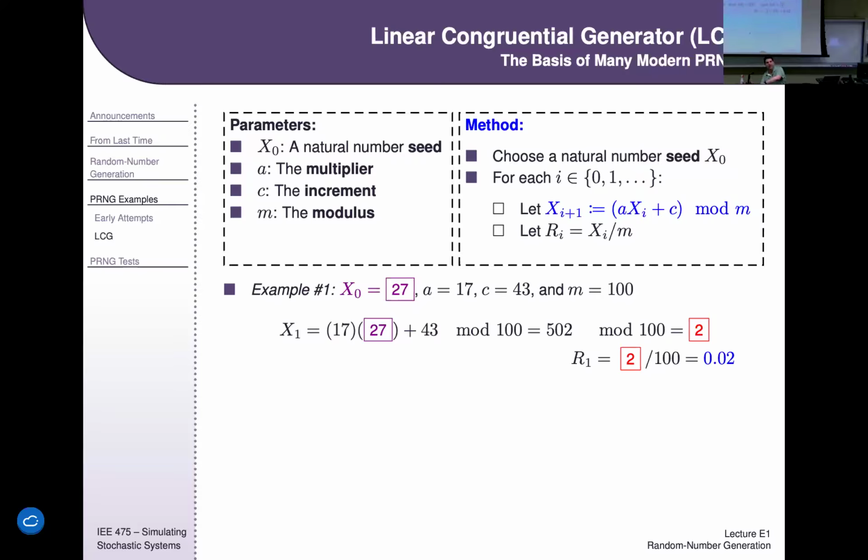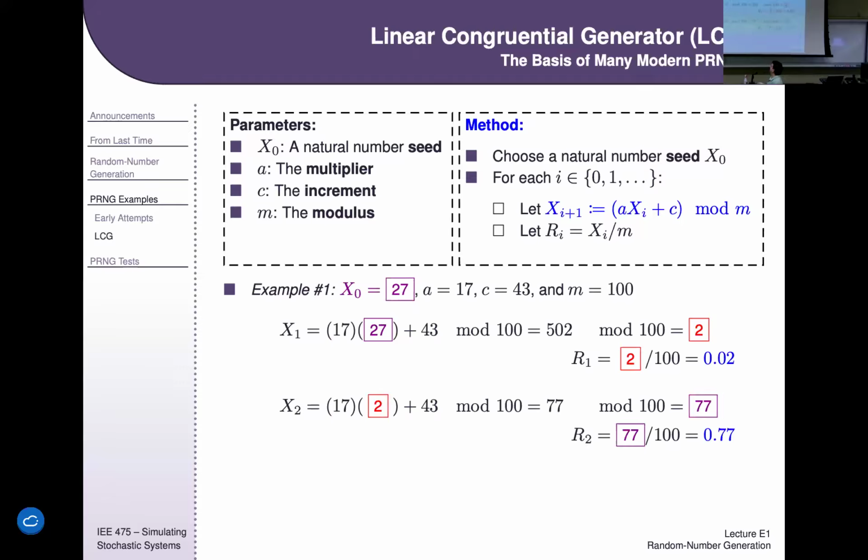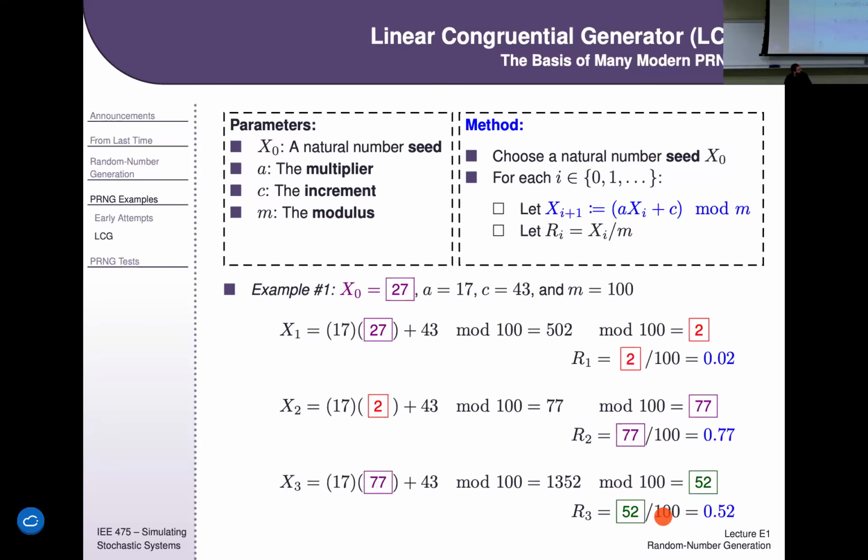Then I do that again: I take the 2, plug it in the same spot where the seed used to be, and get a new random number, and then I do that again. That is my linear congruential generator, and here are the random numbers I'm getting out.